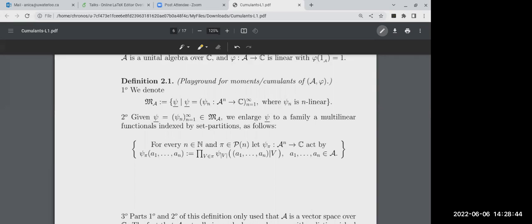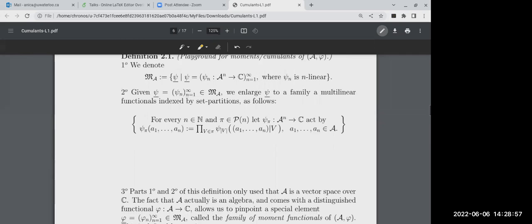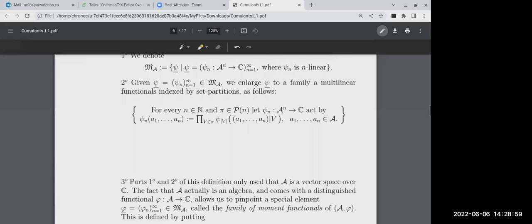An element of M sub A is a sequence of multilinear functionals, so psi n is n-linear. And one useful thing is that when you have it, you can always extend it.